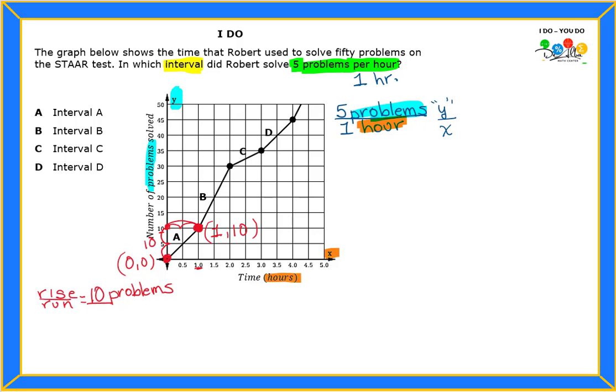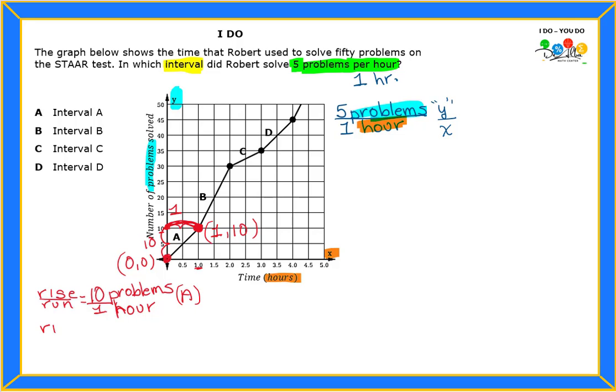So how much is this actually worth? It's 1 hour, because it's my X. So that's not what I'm looking for. I want 5 problems in 1 hour. So this one is actually 10 problems in 1 hour. So that's not my answer, and this is interval A.